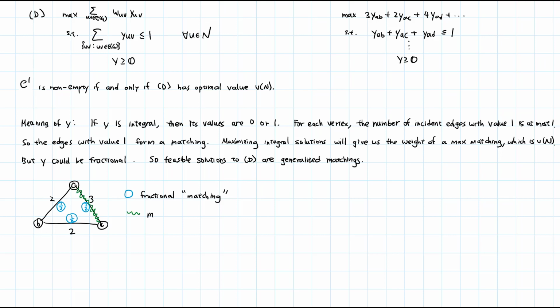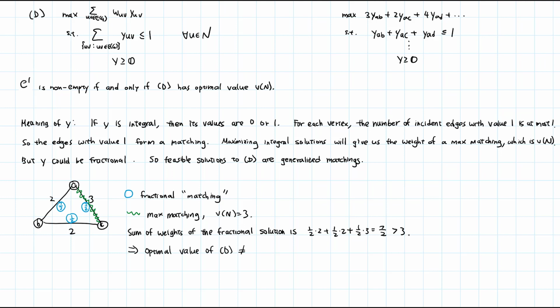Now the maximum matching in this graph has value 3, but the sum of the weights of the fractional solution is 1/2 times 2 plus 1/2 times 2 plus 1/2 times 3, which is 7/2, and that is greater than 3. So the optimal value of D is not V of N. In this case, a fractional solution achieves the optimal value. This implies that we have an empty core.